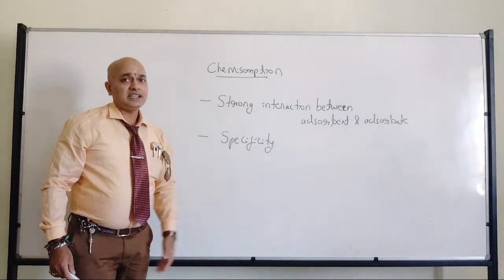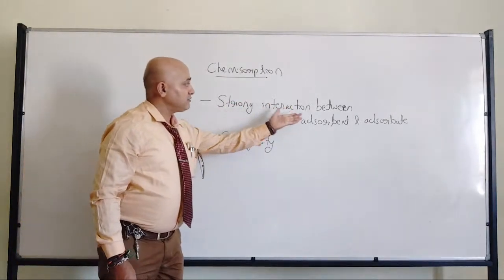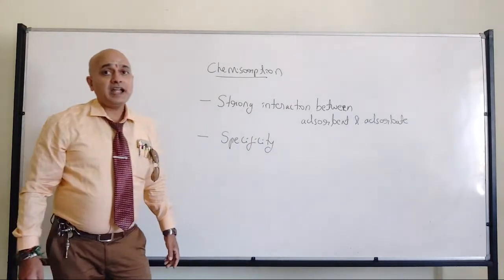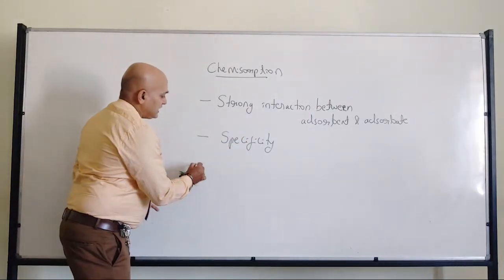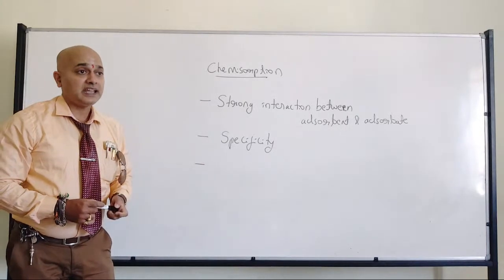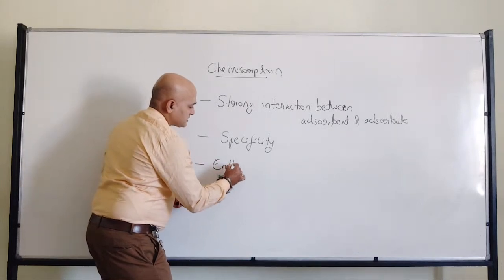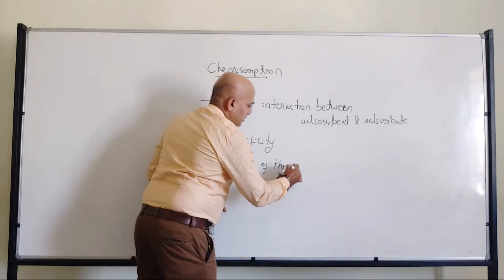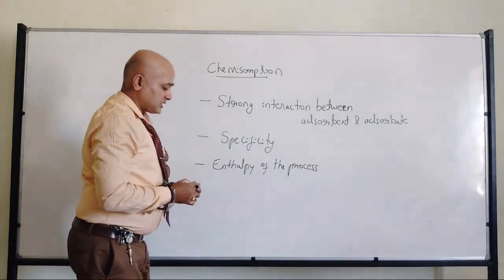Anyway, we'll keep it easy only. So they will form unimolecular layer. But before that, they have this strong interaction between adsorbent and adsorbate, and they are having specificity. Now, since there is a strong interaction, since there is a new bond formation which will be taking place, therefore enthalpy of the process, which process? That process is chemisorption.